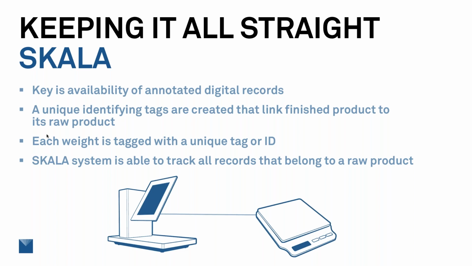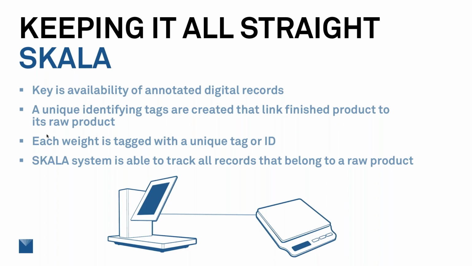That's very easy for the computer to do, and it can track it and put everything where it needs to be, so you don't have to do that through either Excel or written records. Each weight that's taken, each measurement that's taken, is given a unique ID and tagged to that particular batch. So the source, the traceability, is kept throughout the process.